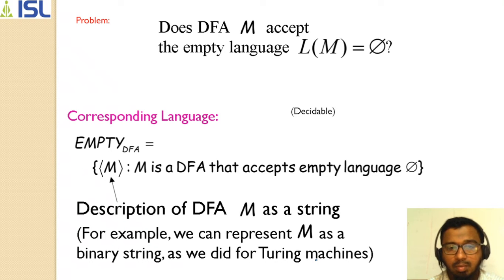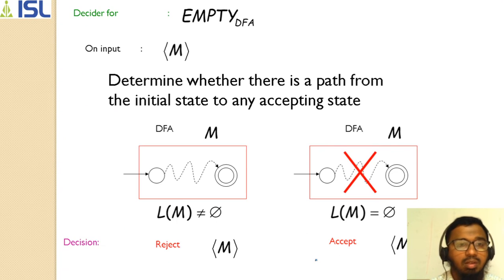Next, the decider for empty DFA. On input M, determine whether there is a path from the initial state to any accepting state.